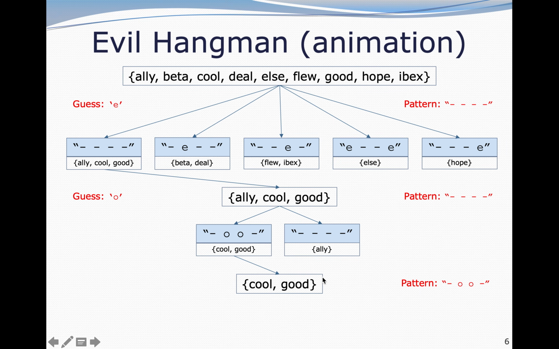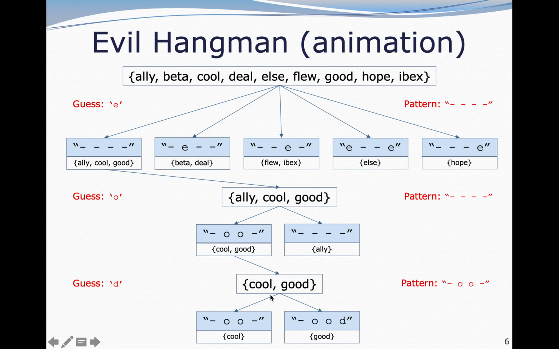Let's look at one last example. If we guess D, we'll notice that we're going to build up two different patterns in our map, right? Cool does not have a D, so it remains dash OO dash, but good does have a D, and so it changes to dash OOD. It's important to note that these patterns maintain previous guesses, such as O, in their pattern.